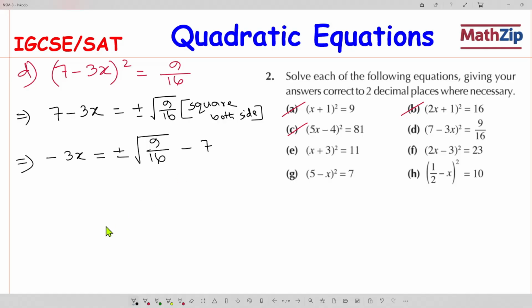Okay, and then we divide both sides by minus 3. So we can write x equals, as usual, plus minus root over 9 by 16 minus 7, divided by minus 3. Okay, now we will find the actual value of x.